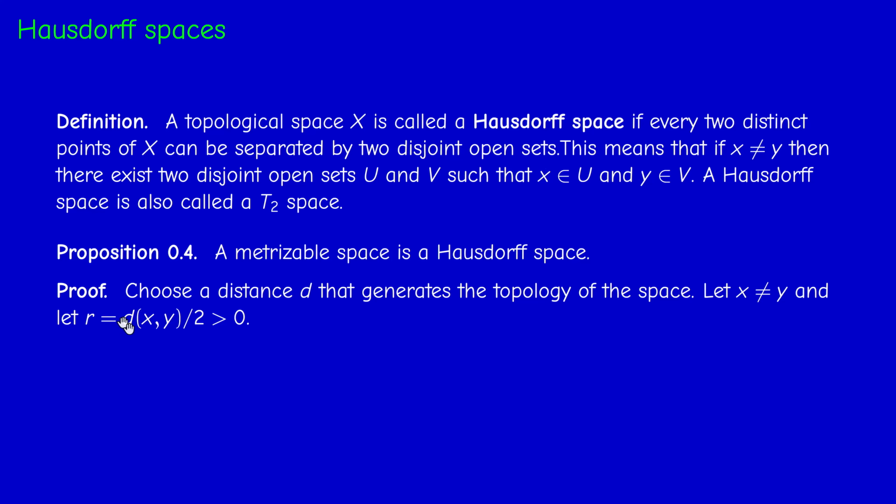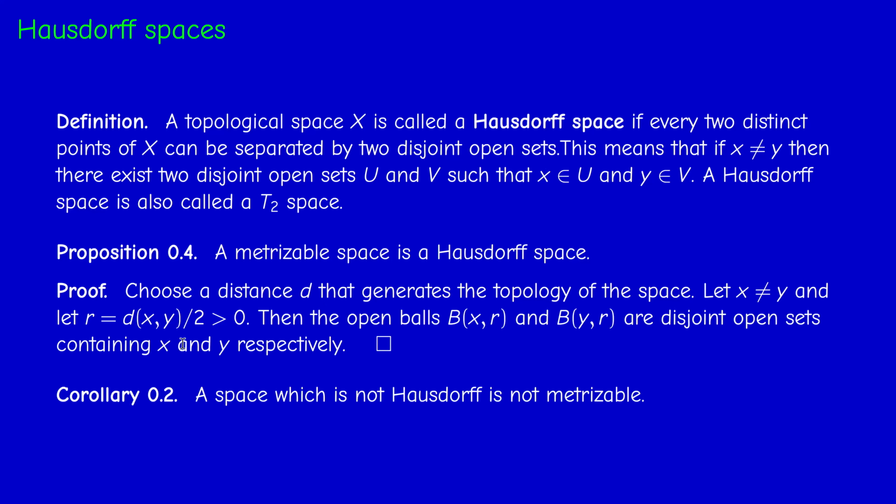So we take r to be the distance over 2. Now it's easy to check that the ball of center x and radius r and the ball of center y and radius r are disjoint by the triangle inequality. The first one is a neighborhood of x, the second one is a neighborhood of y. You may draw a figure, actually. Therefore, by contraposition, a space which is not Hausdorff is not metrizable.